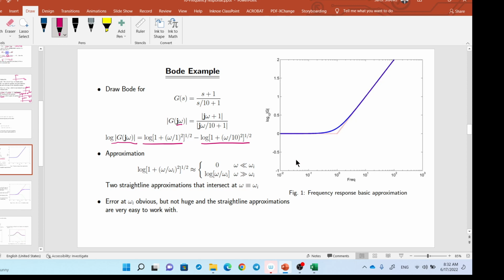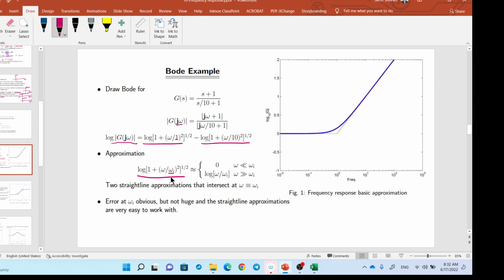So first you mark omega I. Okay, look at this one. Look at one term of the split, and in general you use omega I here. In this case, omega I is 1. In this case, omega I is 10.